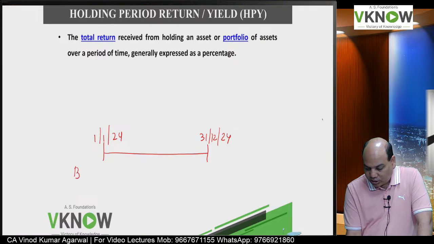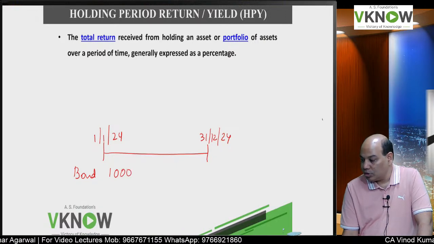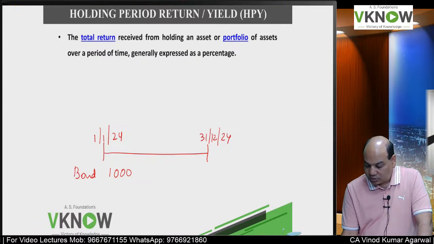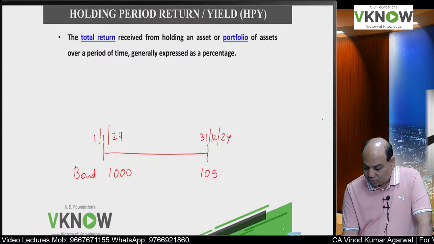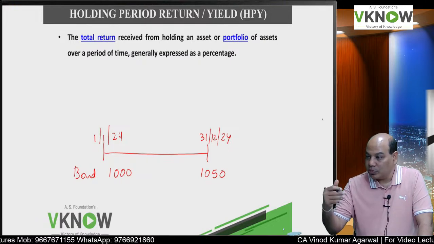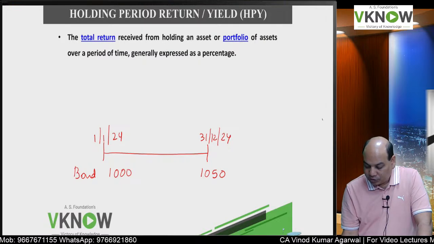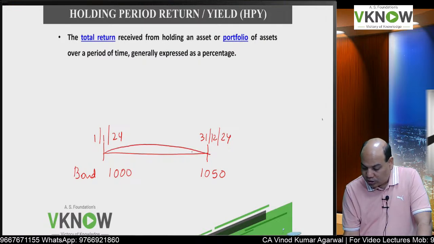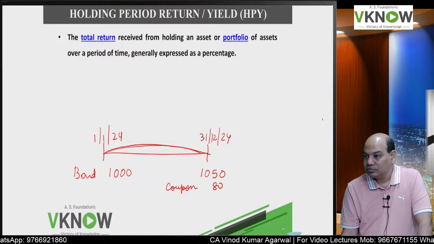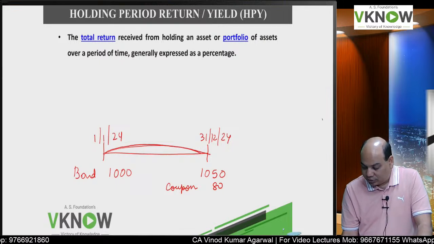You purchased a bond here for, let us say, 1000 rupees. On maturity, the value of the bond is 1050, or the price of the bond after 1 year is 1050, plus in this 1 year period you also received a coupon of 80 rupees.